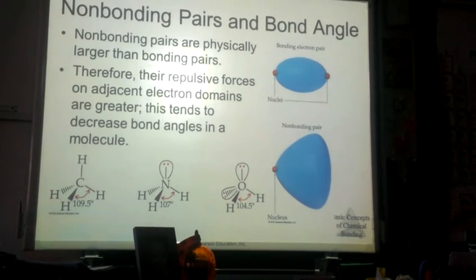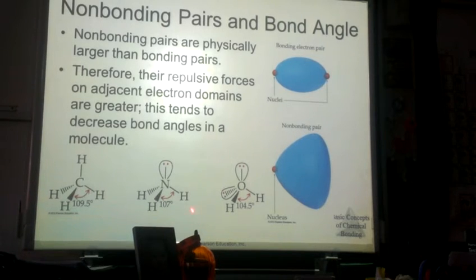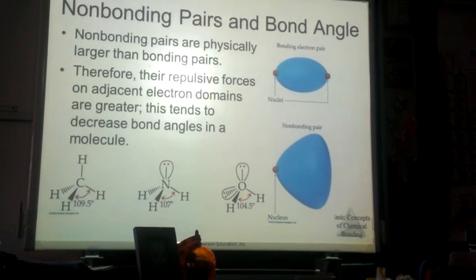I want to show that because this non-bonding pair is physically larger than a bonding electron pair, it's going to minimize the bond angle between the atoms that I have bonded because it is so much more massive in space. So it's kind of pushing either of those sides down, okay?